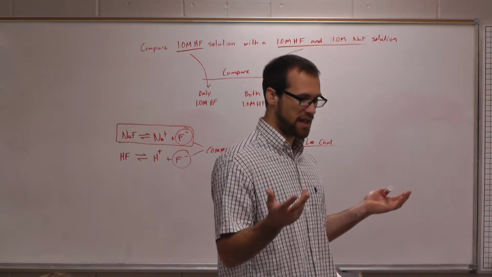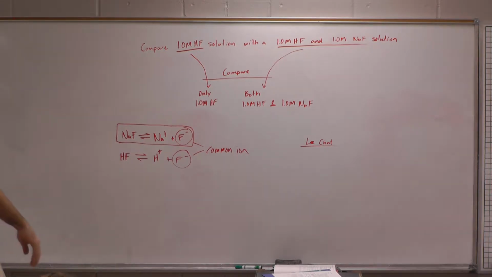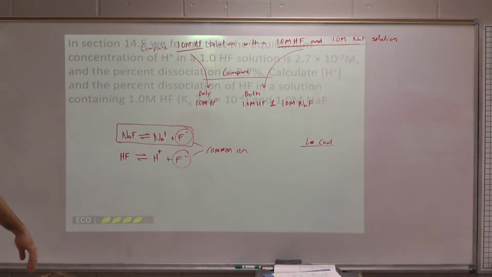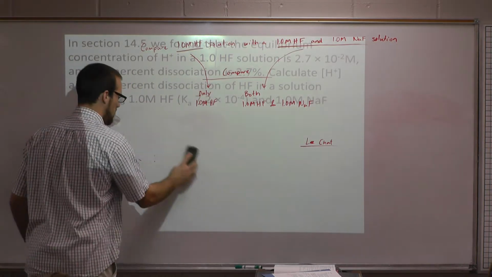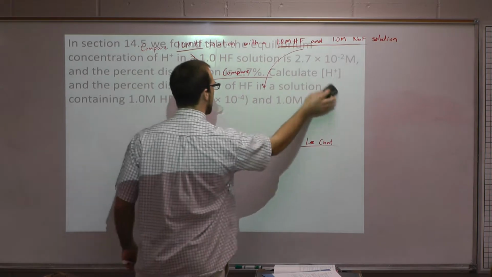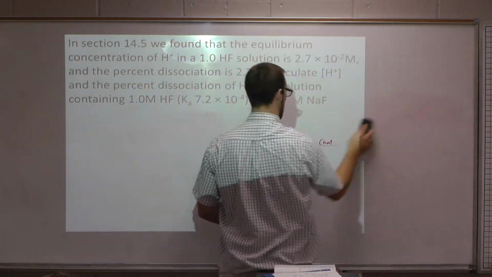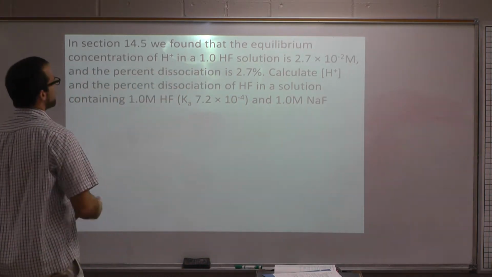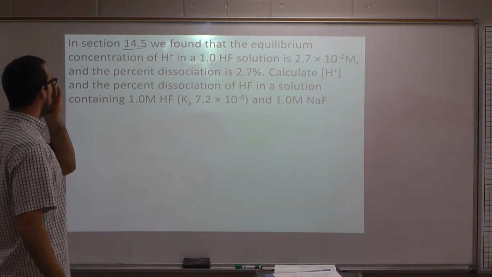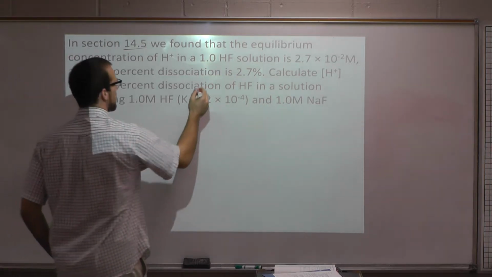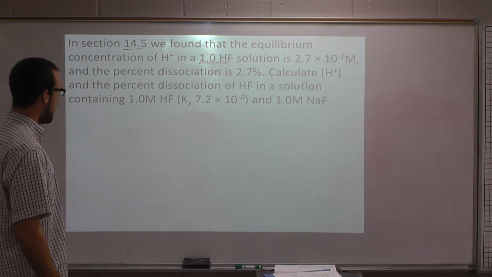Okay, and we're going to see the practicality of this when we do this next problem. We're actually going to put some teeth into this one. So way back, I know like 2 weeks ago, it's been such a long time, we did a problem in section 14.5 where we found the equilibrium concentration of H plus when we had a 1.0 molar HF solution.